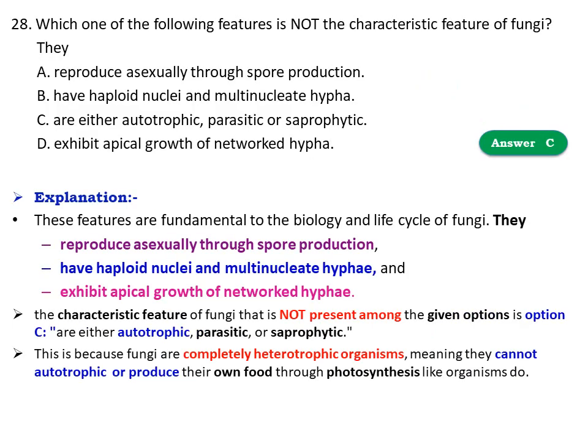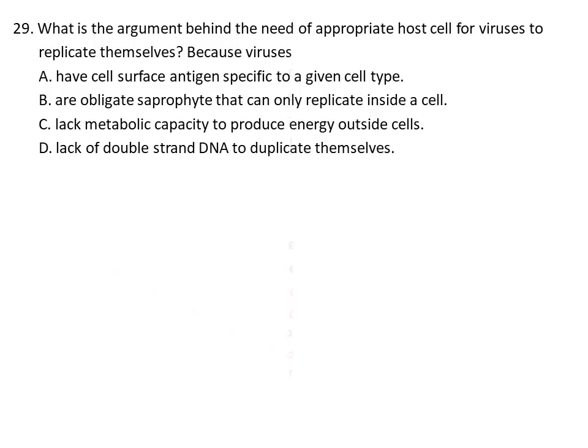The features fundamental to the biology and life cycle of fungi: they reproduce asexually by spore production, they have haploid nucleus and multinucleate hyphae, and also exhibit apical growth of a network of hyphae. But the feature that is not their characteristic is that they can be autotrophic or producers. So that will be C.